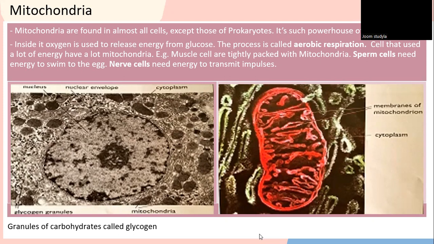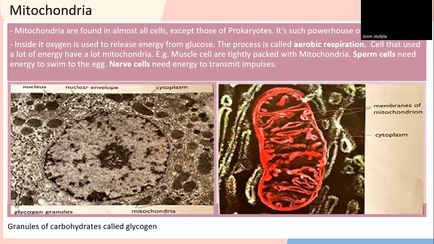So the diagram below shows mitochondria in different positions. Here we use the light microscope, where we can see to the extent of glycogen, mitochondria, and the cell.